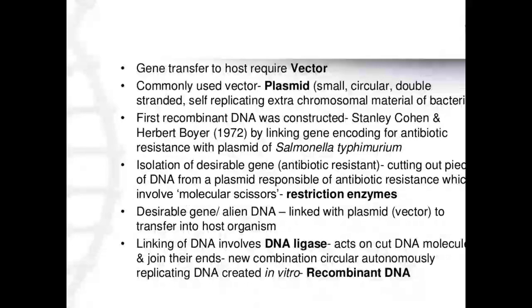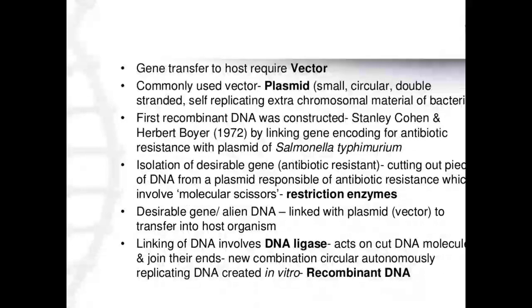And this desirable gene, or we can say the alien gene, is now going to be linked with the plasmid or the vector to transfer into the host cell. With the help of DNA ligase, as we know, DNA ligase is used for the linking or joining of DNA fragments.